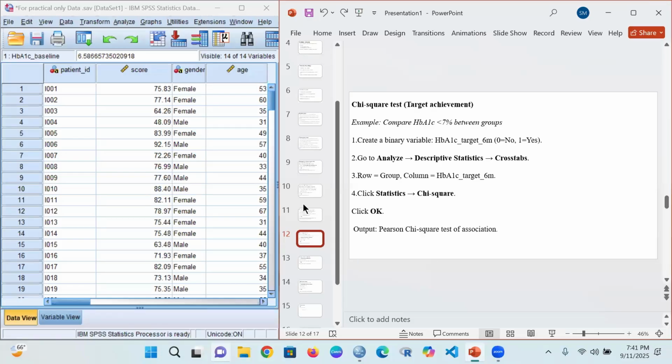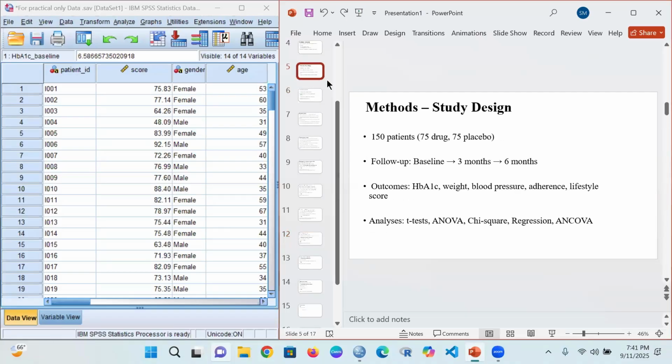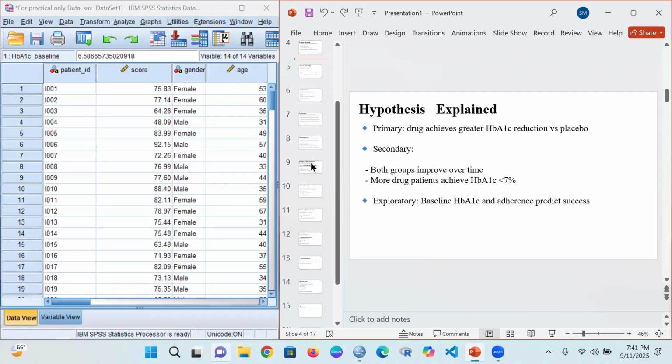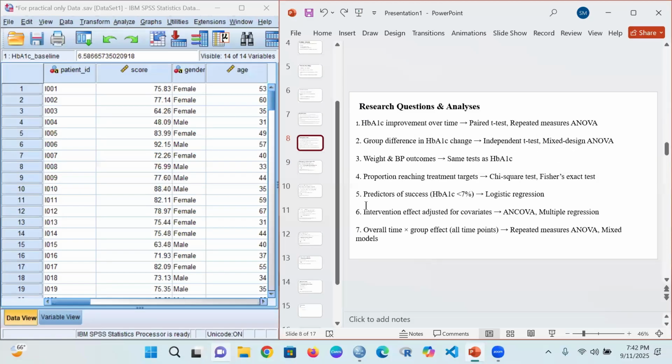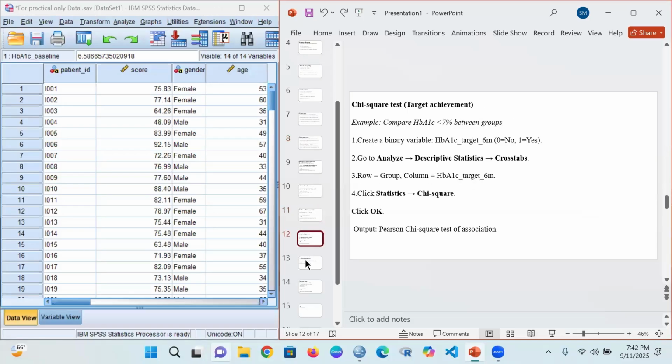This will be done by a chi-square, answering the question of the predictor of success, the proportion reaching treatment targets.